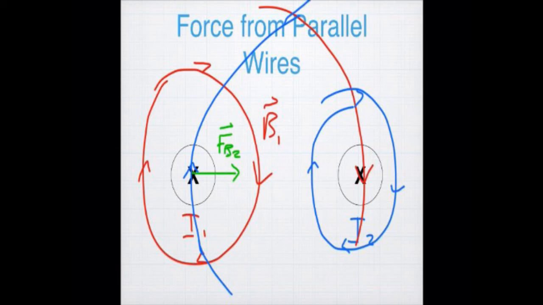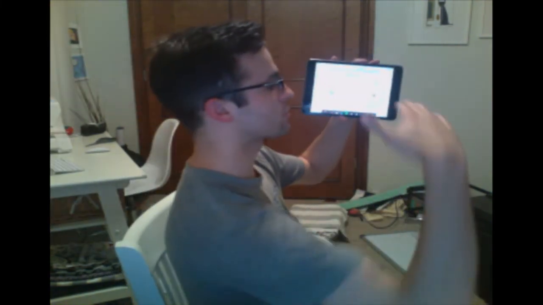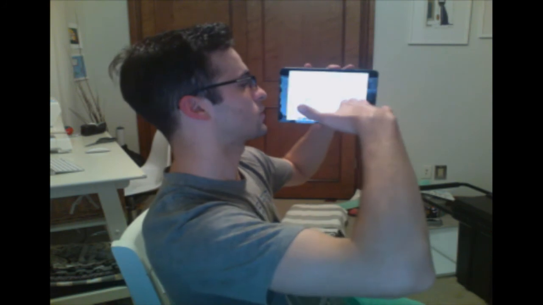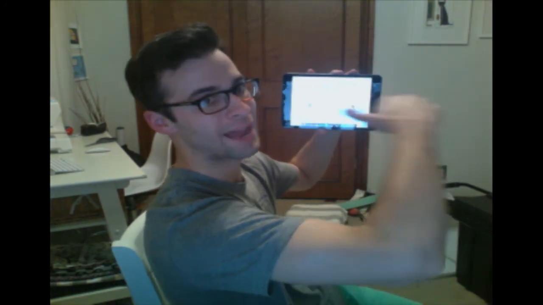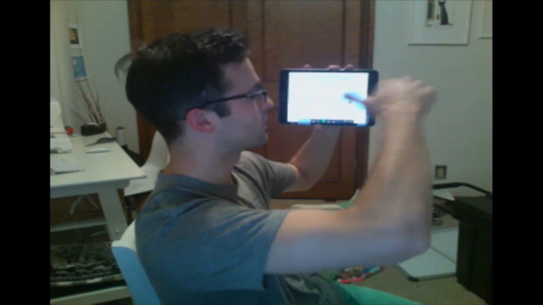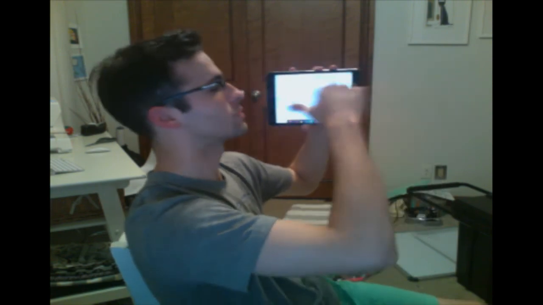Well, let's look at wire 2. What direction is the force on it? If I do the right hand rule, fingers in the direction of the current going in, curl them down, and you can see my thumb is pointed to the left, which is back towards wire 1.